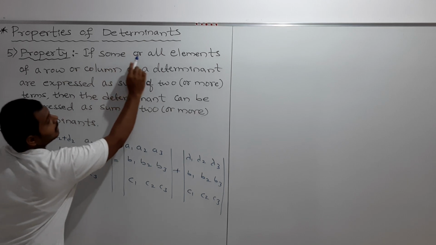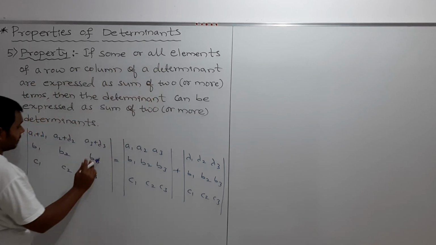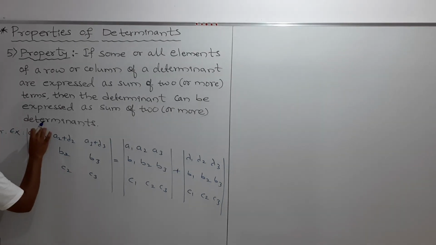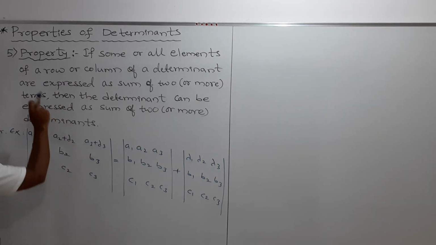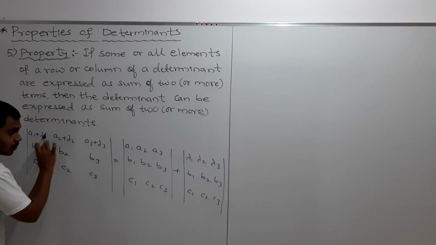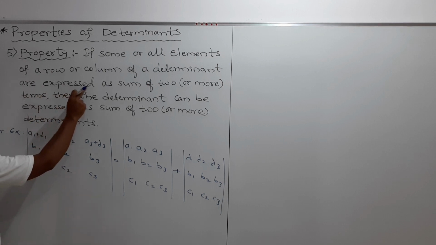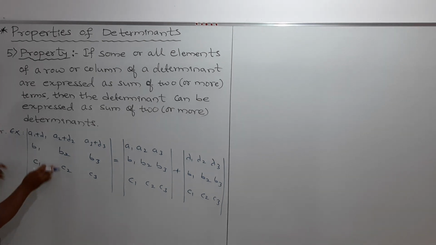So if some or all elements of a row or column of a determinant are expressed as a sum, this is the one determinant I have. It may be rows or it may be columns.